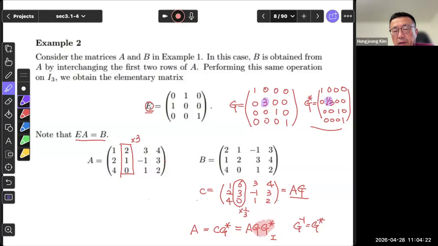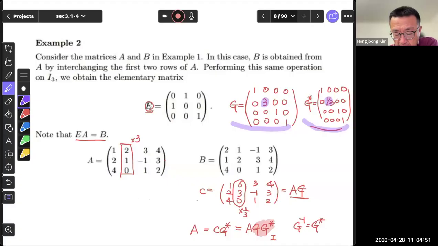So the scaling factor is not 0. So we can always think of the reciprocal of the scaling factor. So that means given any elementary matrix corresponding to the column scaling operation, we can always think of something like G star, which is an inverse, right? So this is G, okay?